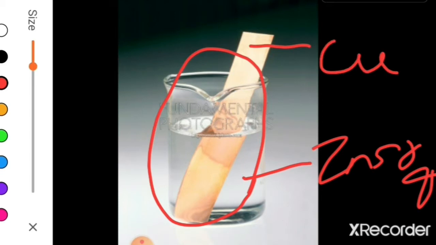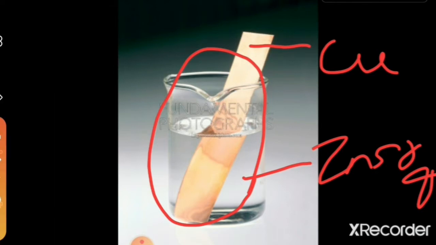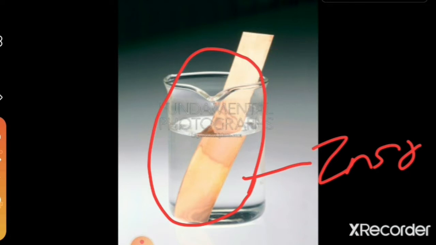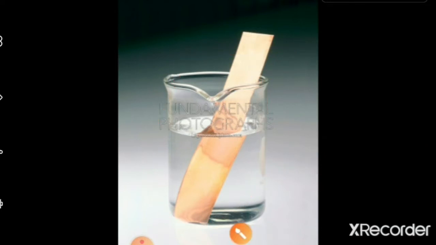When we leave it for long time, no changes you will observe, because copper is less reactive than zinc. So copper is not able to displace zinc from its salt solution, so there will be no changes. You will not observe any change in the color of the solution.